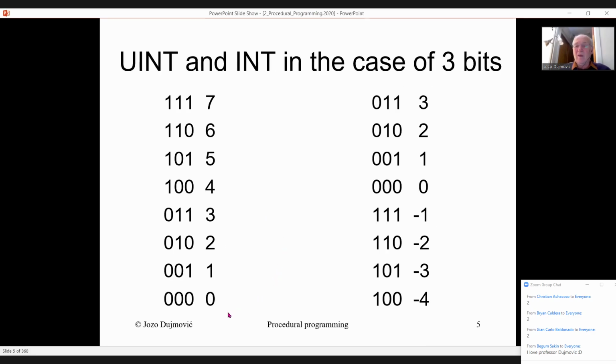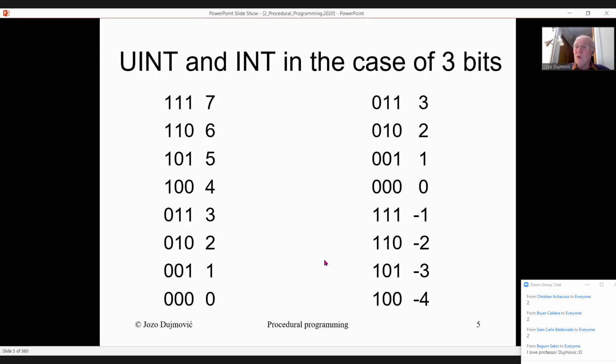Let me quickly remind you what the binary codes are for basic unsigned integers and integers. In the case of unsigned integer, 0 is coded with 3 bits as 0, 0, 0. Then the next is 0, 0, 1, 2, 3, 4, 5, 6, and 7 is 1, 1, 1. So this left is binary, and this here is decimal.